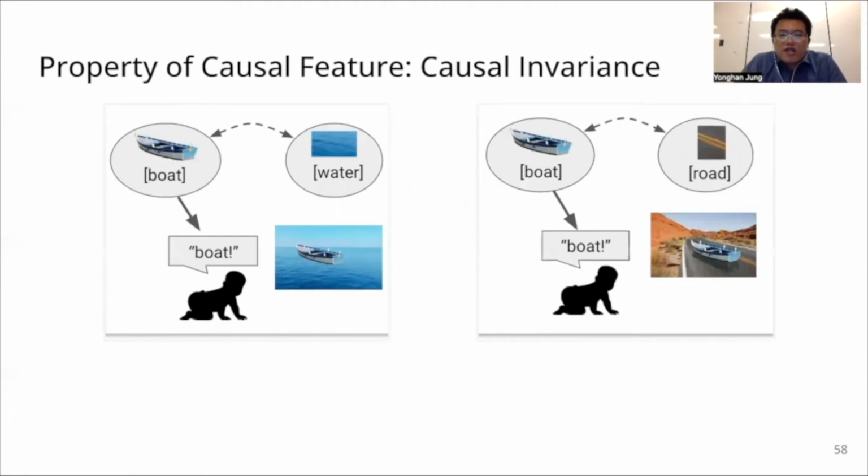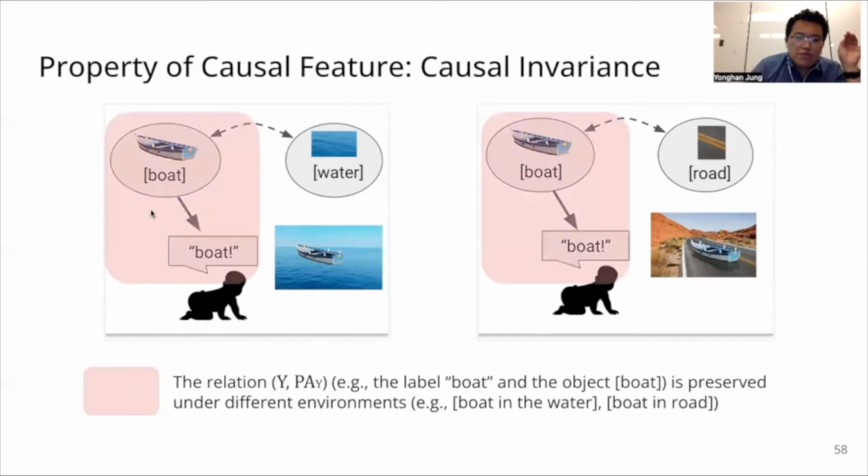To identify it, we first study a property of the causal feature called causal invariance. Causal invariance is a property that even if there are a lot of environments, the relation between the true label and the causal feature is the same.